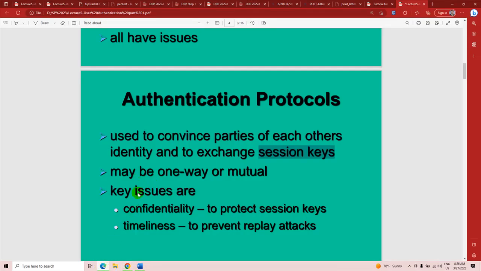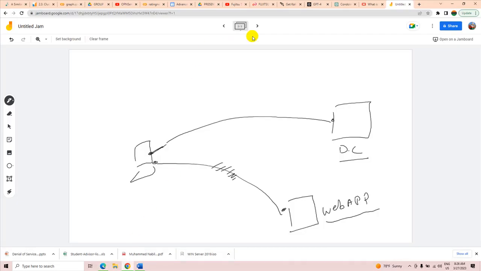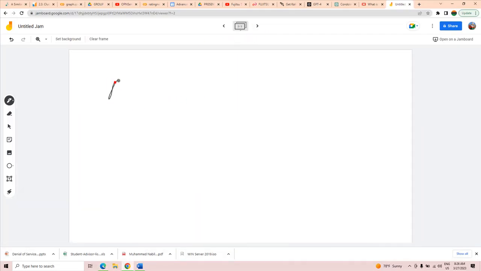So the authentication protocol may be classified into, okay, like A, B. So A is authenticated to B. A's identity is verified to B. Okay, so this is called one way.